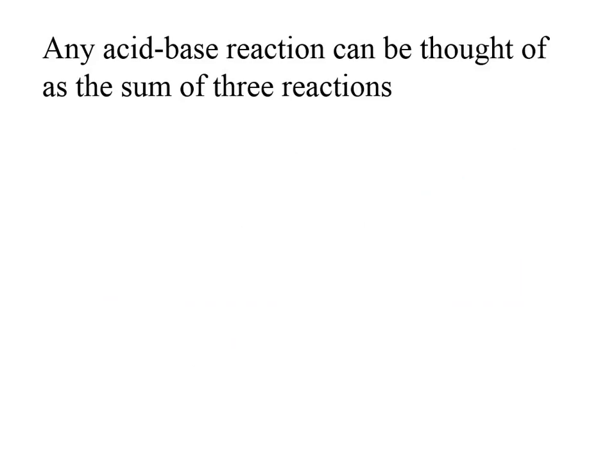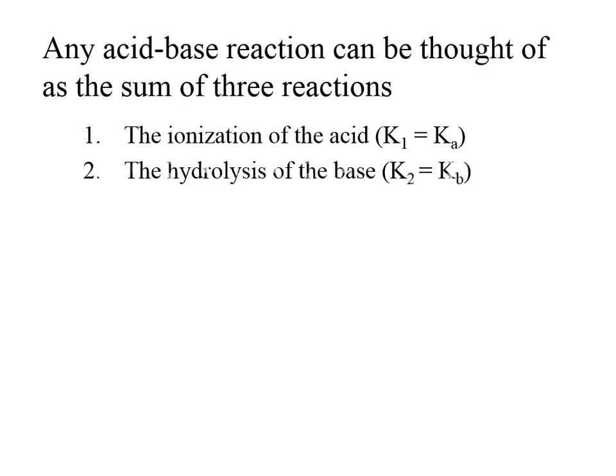So, if you have an acid that's going to react with a base, you can think of it as going stepwise. First, what is the acid going to do? It's going to kick off a proton. We call that ionization. Second, what is the base going to do? It's going to attack a water molecule and basically cleave it and release the hydroxide.